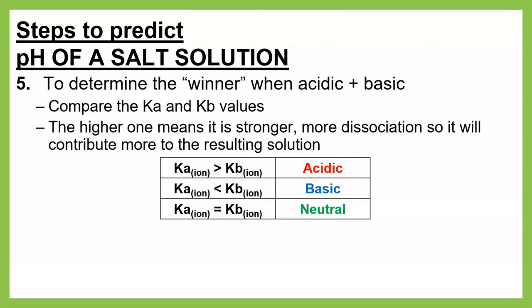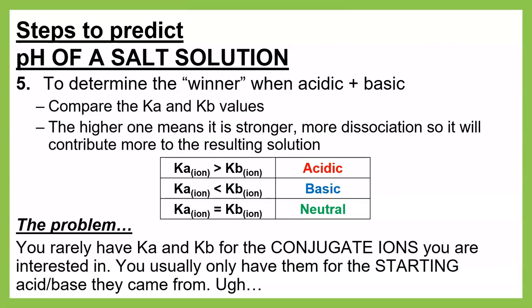One issue we have is that they do not often give you Ka and Kb for the conjugate pair that you're interested in, right? When you're looking for these values, you may have to do some manipulations. Do you remember me talking about Kw?